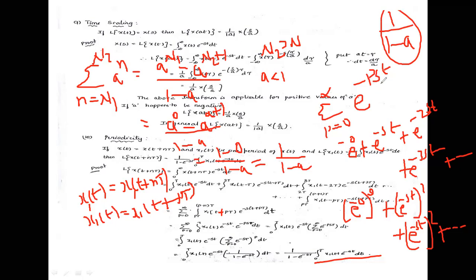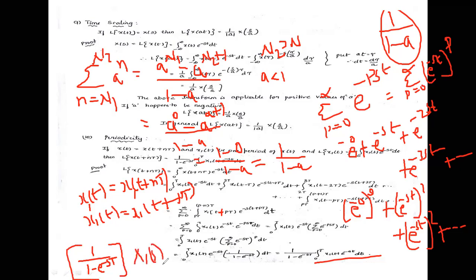Here e power minus st whole power p, summed for p equal to 0 to infinite, is a power n summed for n equal to n1 to n2, so it gives 1 by 1 minus e power minus st. So for the periodicity property, 1 by 1 minus e power minus sT, with capital T, my students, not the small letter here, is multiplied with the integral 0 to T of x1(t) e power minus st, nothing but x1 of s, the Laplace transformation.